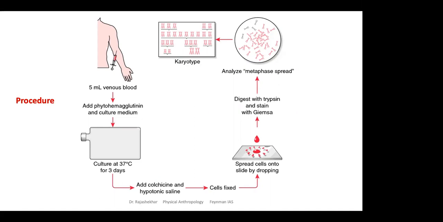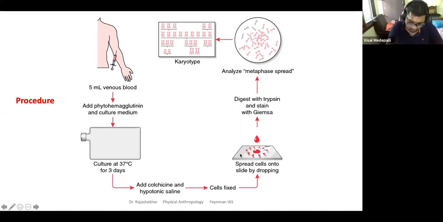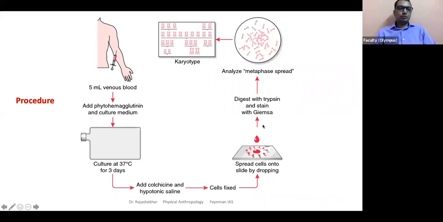Artificially color them, because they don't have any natural glow to them. So once the chromosomes are spread, you give them some color. You stain them. The most commonly used stain is called Giemsa stain. As I was telling you, Giemsa is a common stain. And this is the image you should get after staining with Giemsa.